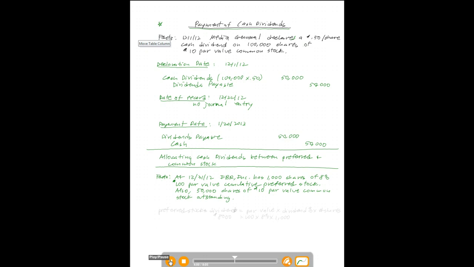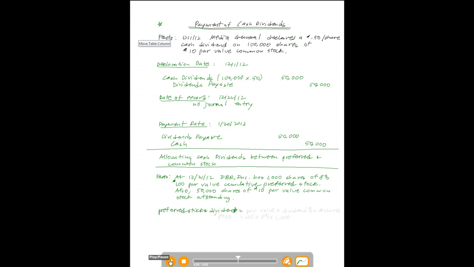If IBR is going to pay dividends to preferred stock, how much is that going to be? So the preferred stock dividends are based on this formula.